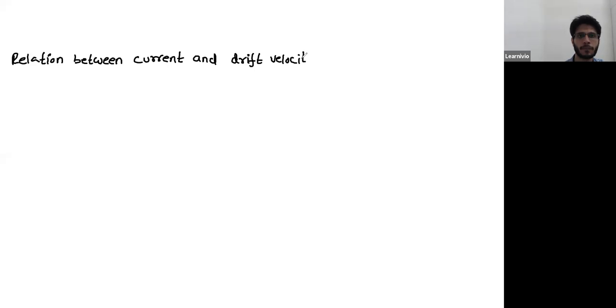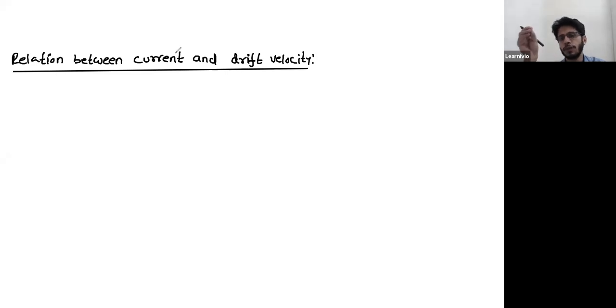After drift velocity, there is one important calculation, that is the relation between current and drift velocity. See, current and drift velocity should be related, because what is current?